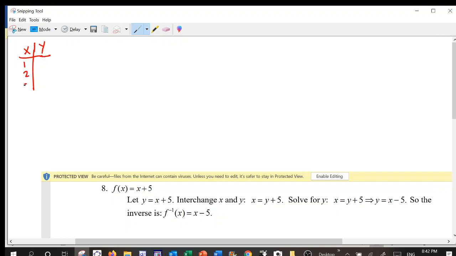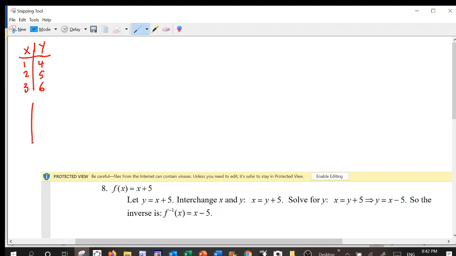Let's say 1, 2, 3, and 4, 5, 6. Remember these examples when we talked about functions and relations in previous videos? So this is a relation. Basically this is the x value and this is the y value. So 1 is related to 4, 2 is related to 5, 3 is related to 6.